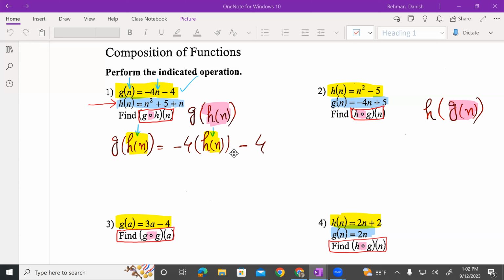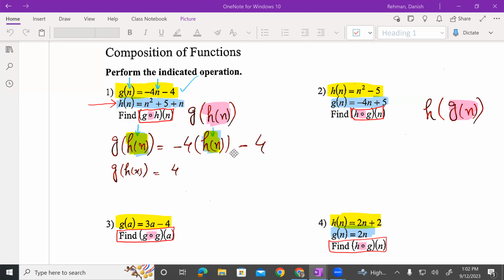Now, to do that, I will try to use another color to connect the things in blue. You see that yellow? I tried to change that to blue, which turned out a little bit green. I'm trying to bring in the blue function there now. I will replace just on the right hand side H of N with its function.